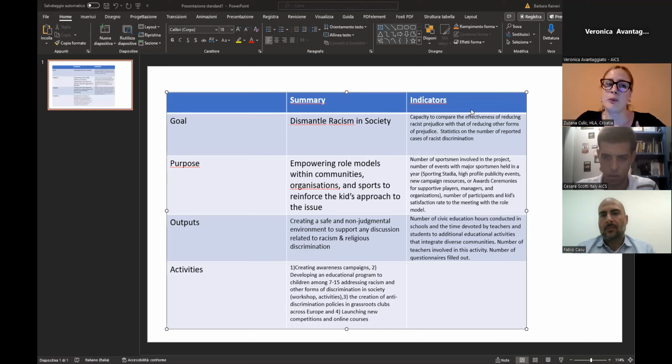The idea would be how to engage communities and parents to let their children play sports. So it's not a matter of racism, it's just a matter of participating in activities that could bond people together. And there is no better activity than sports.